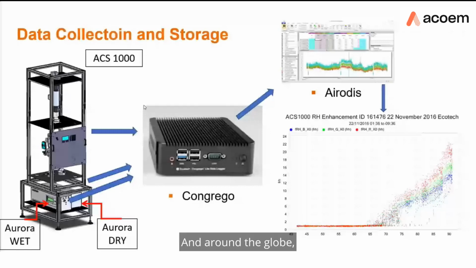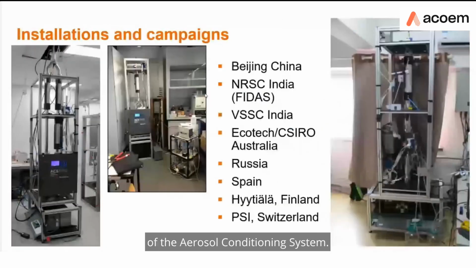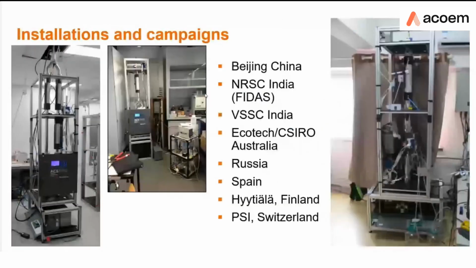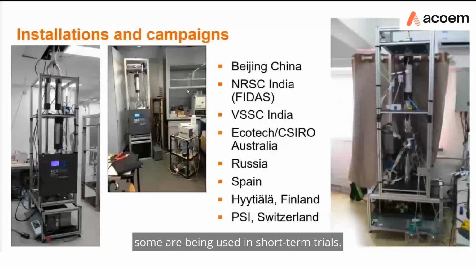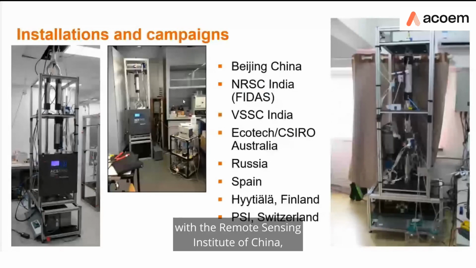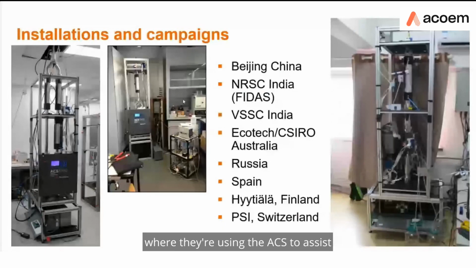And around the globe there's quite a few installations of the aerosol conditioning system. Some are permanent, some have been used in short-term trials. An example of this is one in Beijing with the Remote Sensing Institute of China, where they're using the ACS to assist with satellite measurements. Same with NRSC in India, where they use it to correlate ground station data with satellite data.